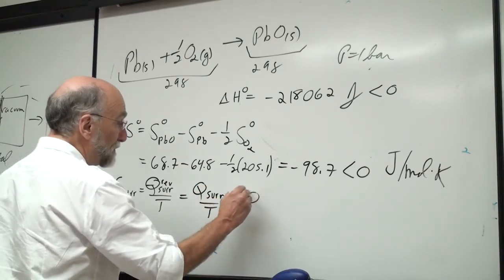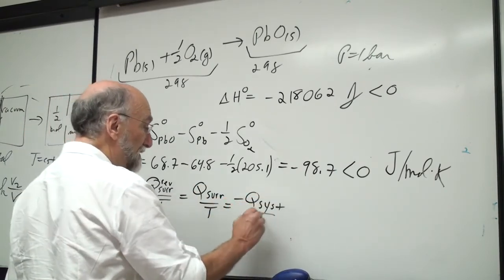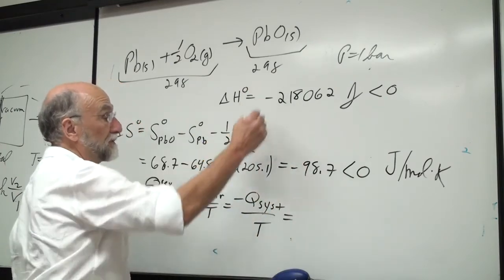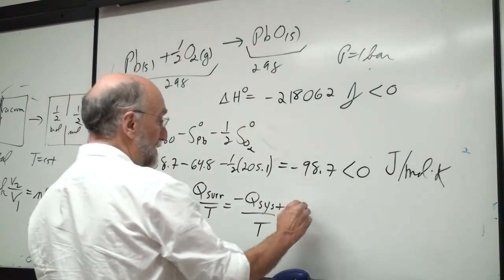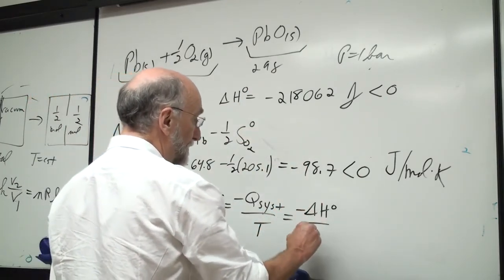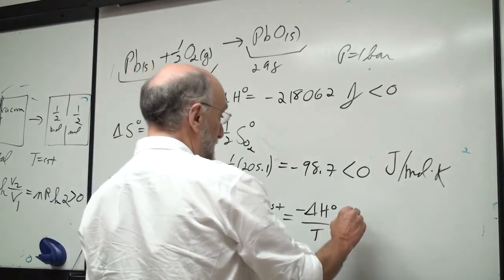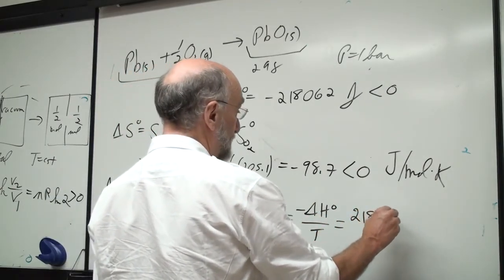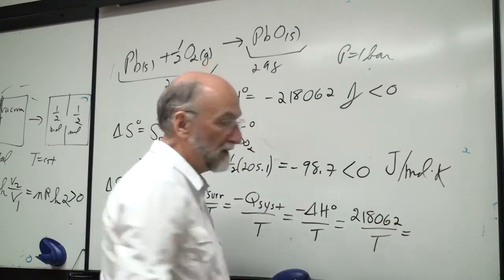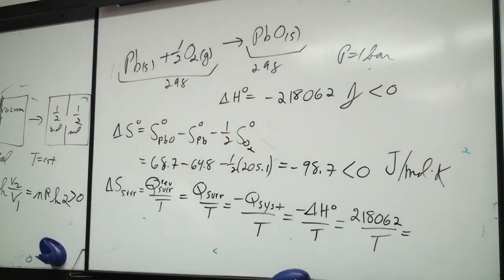And Q surroundings is minus Q of the system over T. And the Q of the system, since it's at constant pressure, is delta H, so that is minus delta H over T, which is plus 218,062 over T. T is 298.15, and that gives you 731.4.